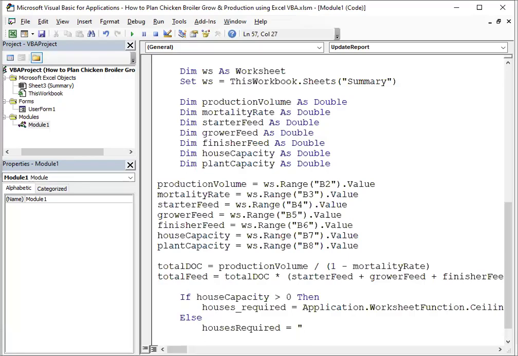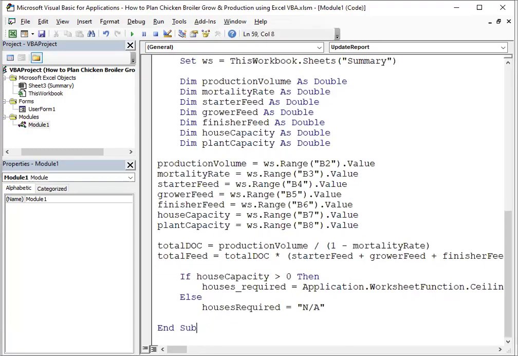Of course, if it is less than 0, meaning negative, then that would be not applicable. If house capacity is greater than 0, then you're going to have the number of houses.